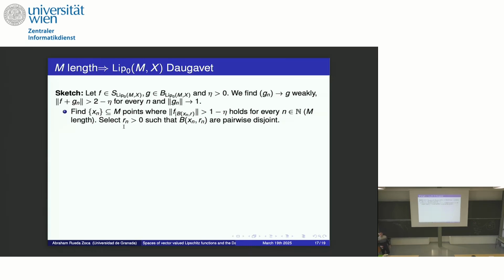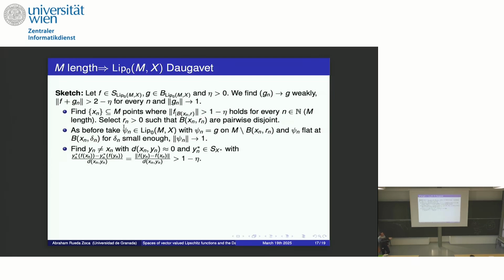And now the idea is using Talinjowski's theorem in order to construct Cn, a Lipschitz function which agrees with G out of the ball of center Xn and radius Rn, and Cn being flat at some smaller ball, and of norm converging to 1.